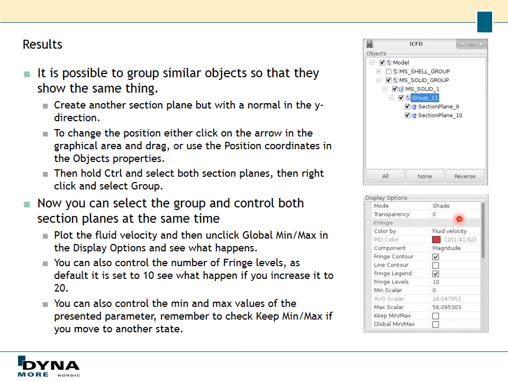Now you can color these two section planes by fluid velocity, for example, and then change the fringe level to 20 and see what happens.